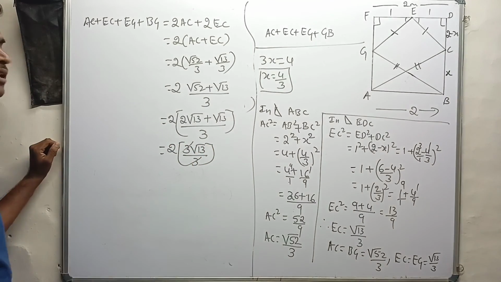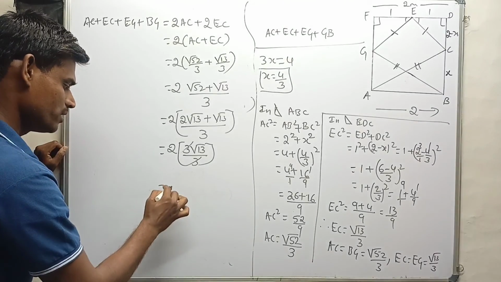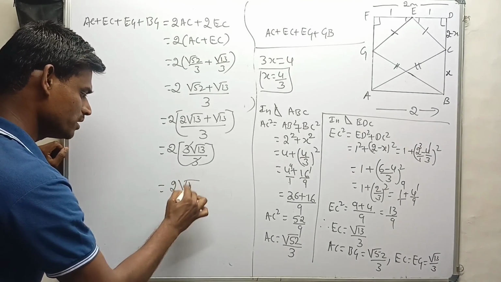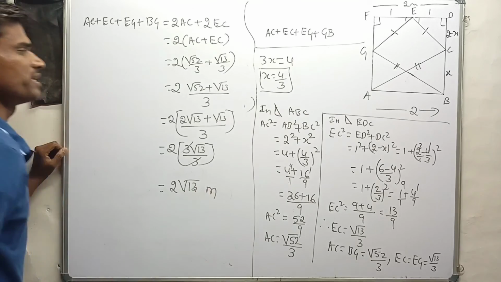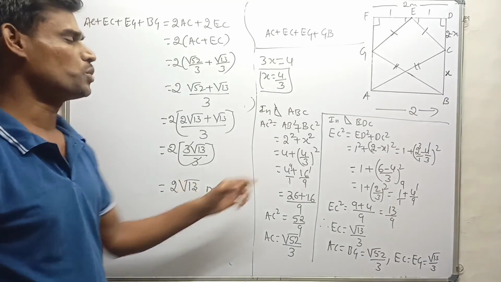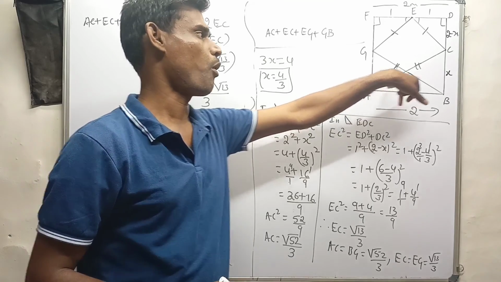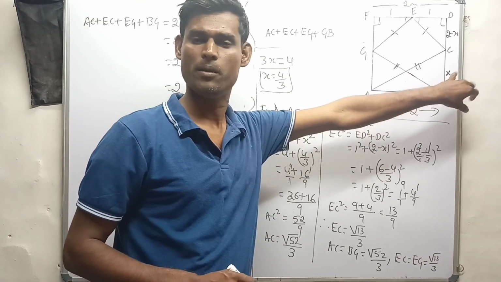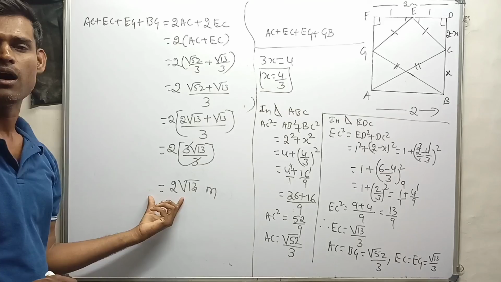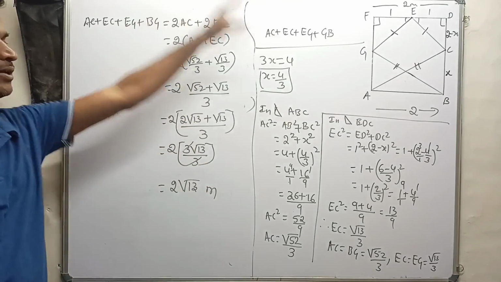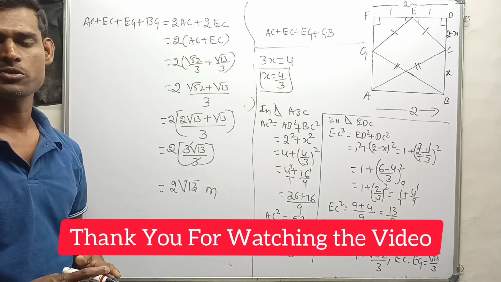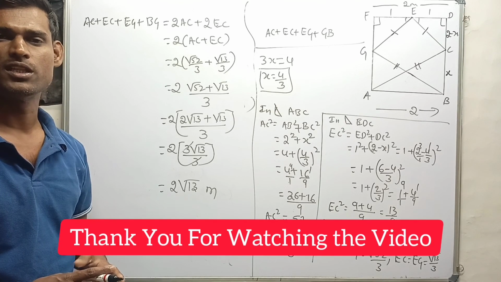Then we can cancel 3 and 3. Then we have 2 root 13 meters. That is the total distance traveled by that ball from point A to point B. That is the answer. I hope you got the solution. Thank you for watching the video.